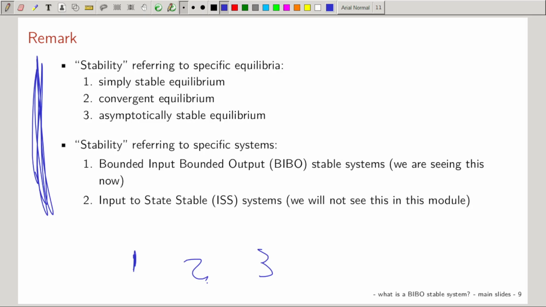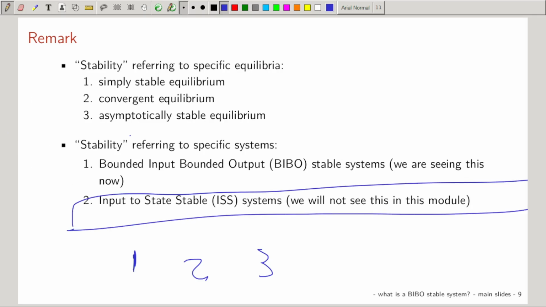Questions? Okay. This one you will see later on. It's kind of more advanced stuff.